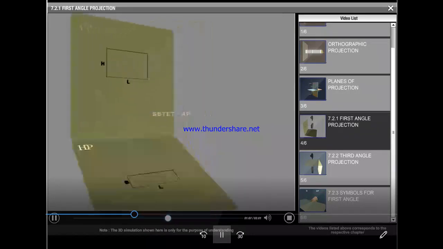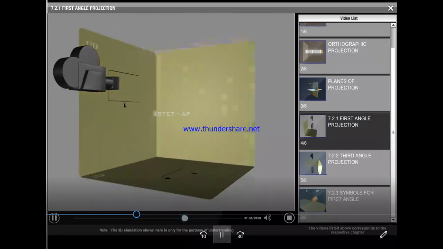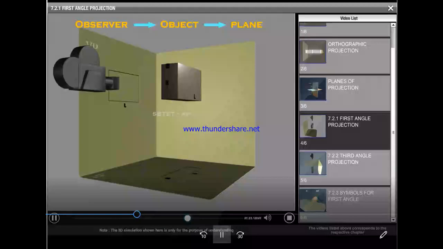To get the left side view, look at the object from the left side and again check the setup. Now the setup is observer, plane, object. This is a violation. Therefore, keep the plane beyond the object to get the correct setup. Now project the left side view onto the auxiliary vertical plane.